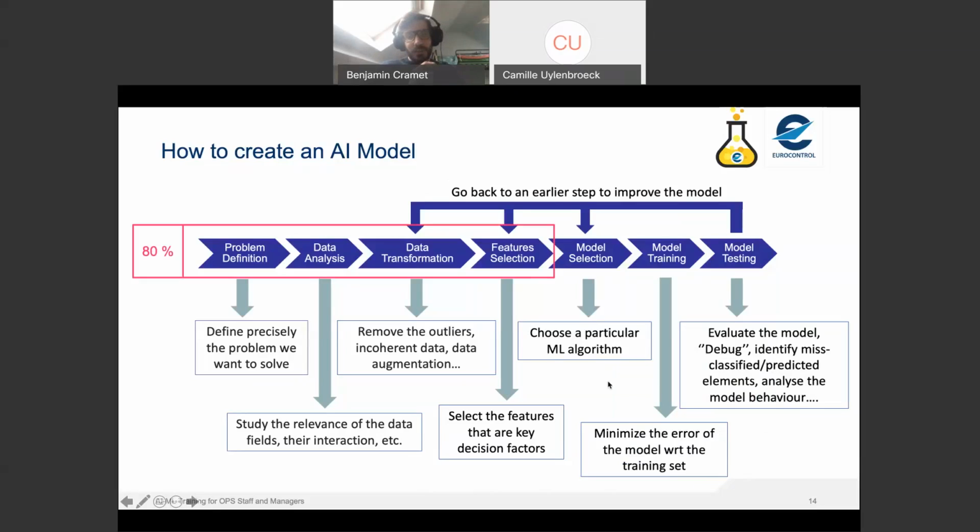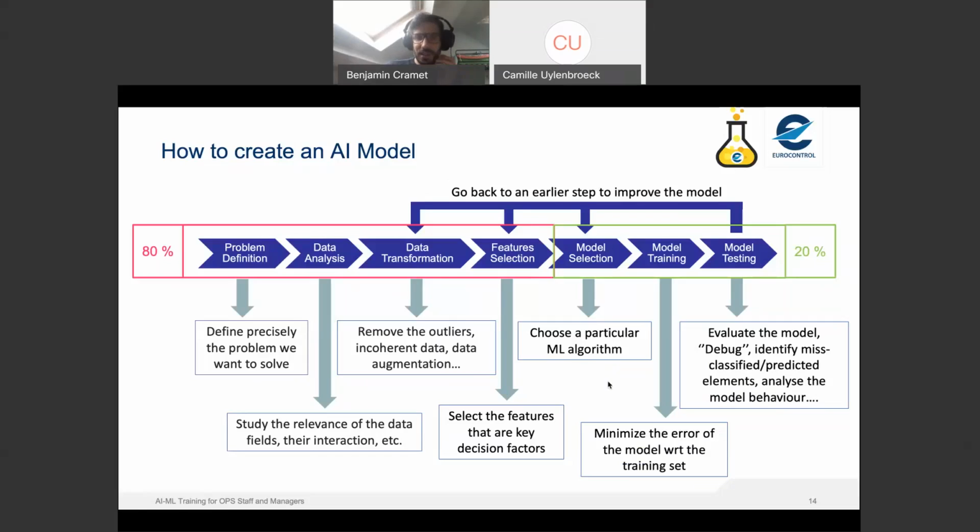It's very important to remember that the processing of the data takes most of the time. 80% of the time of the project will be spent on this part, and only 20% will be spent on model training, testing, and model selection. So the huge part of the work is done on data analysis, data transformation, and feature selection.